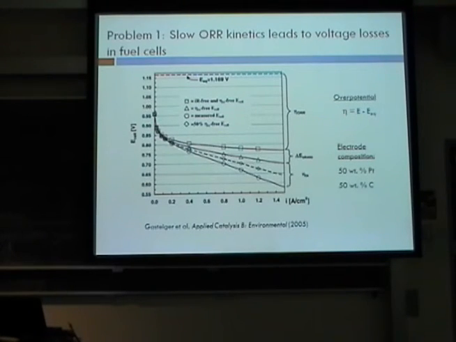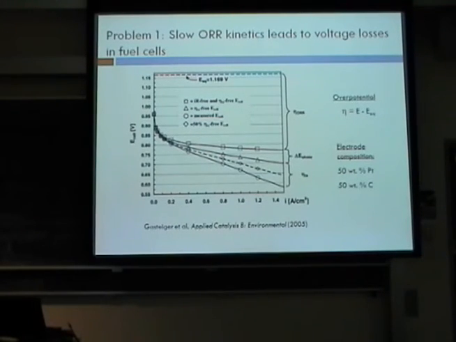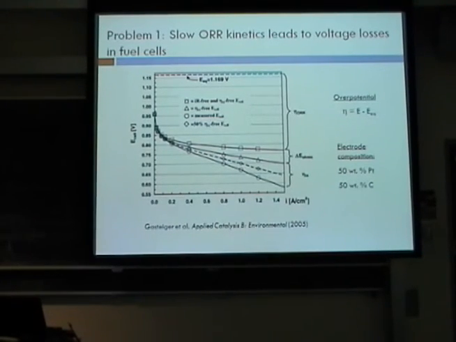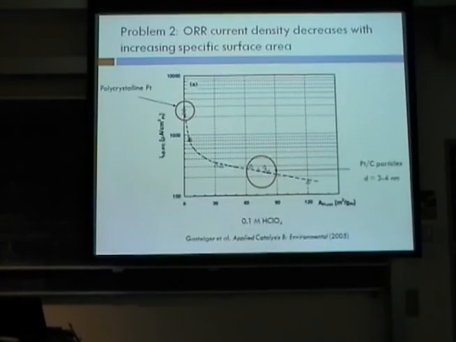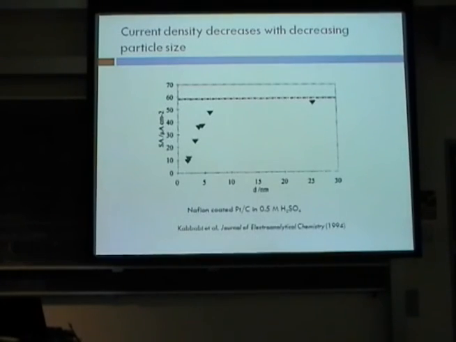And the reason that this drops off like this is because the oxygen reduction reaction is slow. And so to get high rates, you have to have a high overpotential, so a very strong driving force for the reaction in terms of the Gibbs free energy, as we talked about earlier.